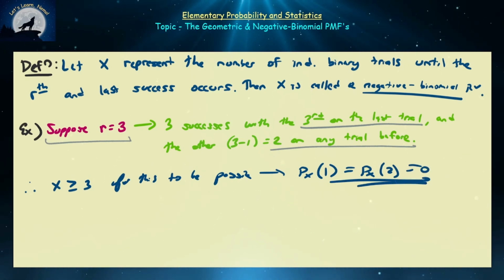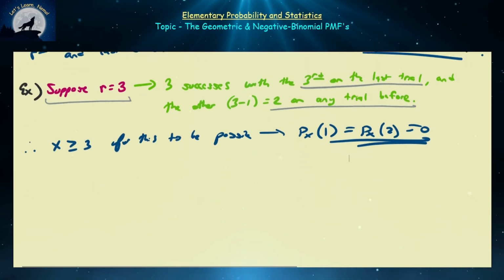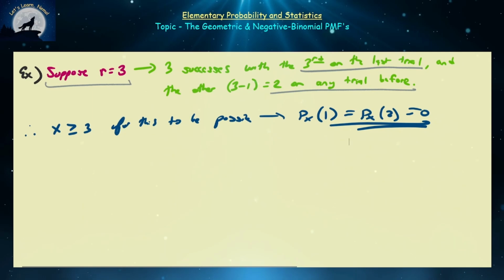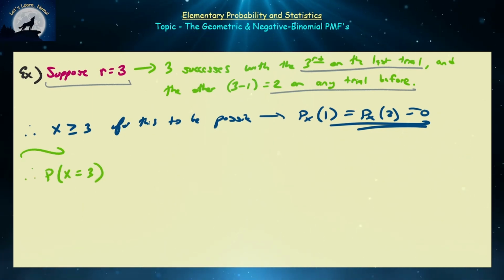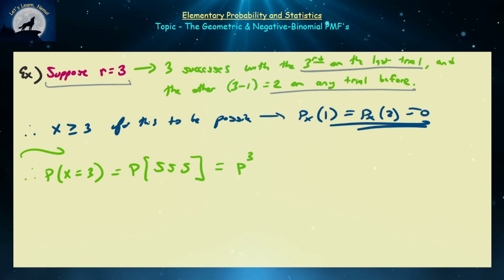Well, we need at least 3 trials to have at least 3 successes, so x has to be at least 3 for this to even happen. So what about the probability that x is equal to 3? Well, we want 3 successes in 3 trials, which means this is the probability of getting success, success, and success, which is just going to be equal to p cubed. That's pretty easy.